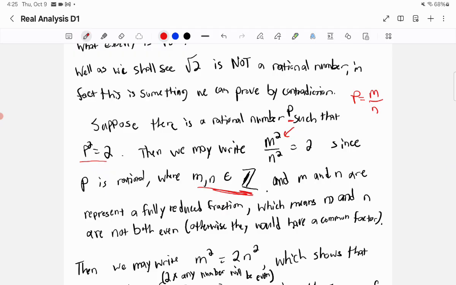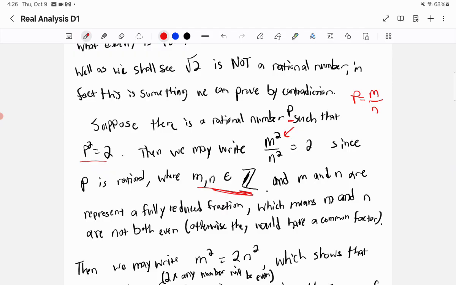Now, we're going to make one additional assumption here. We're going to assume that p is written in its most reduced form. What I mean by that is that we've taken out any common factors that m and n have. We can always do this with rational numbers, right?